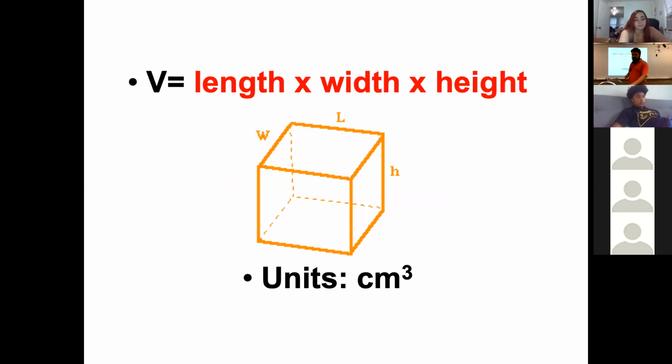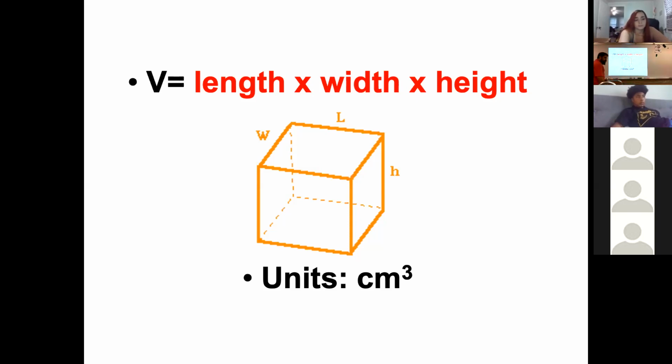For a solid object, like if I wanted to know the volume of this book I'm holding up, there it's a little simpler, where I can just take the length times the width times the height.